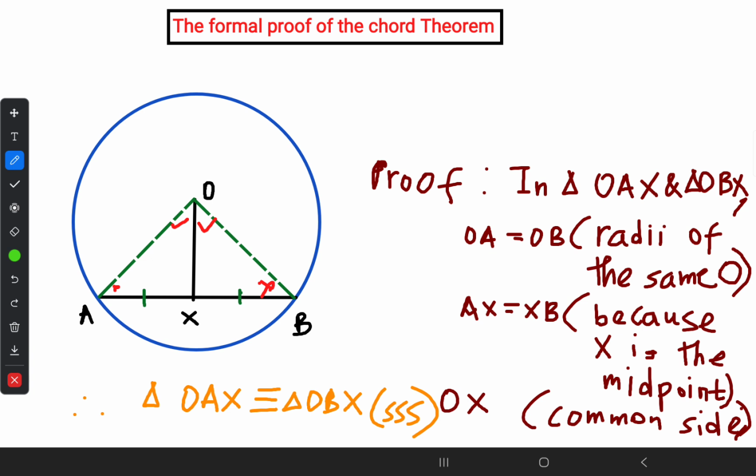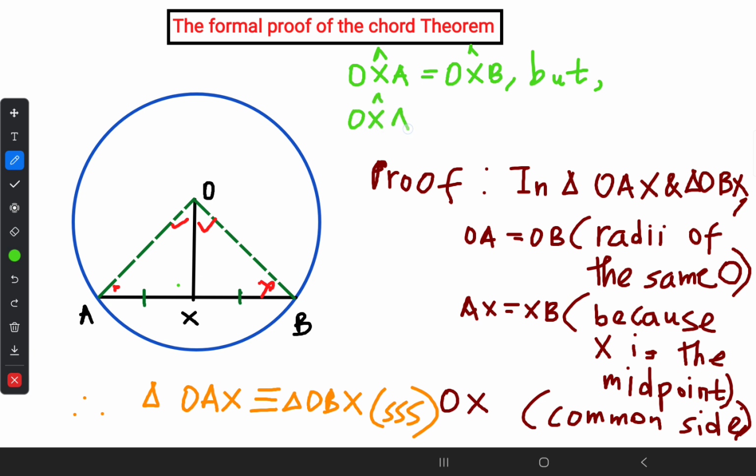Okay. In congruent triangles, remaining corresponding elements are same. So likewise, we can write angle OXA equals angle OXB. But it doesn't say this is perpendicular. These two are adjacent angles on a straight line. So the summation of these two angles would be equal to 180.